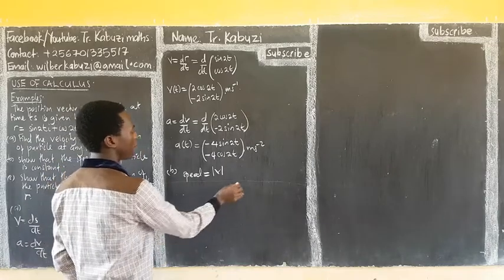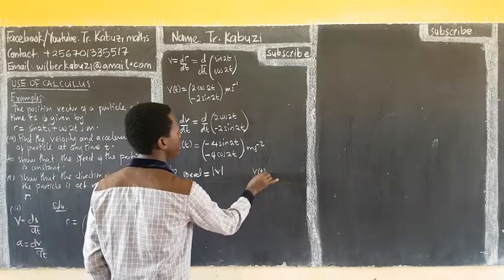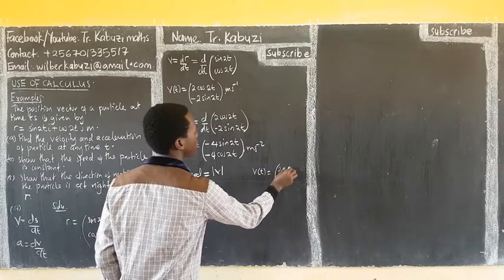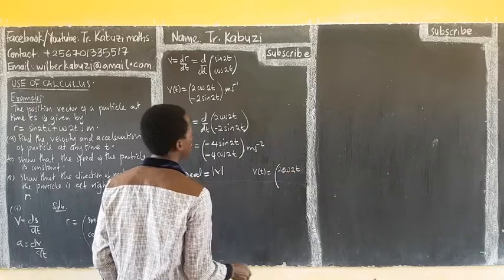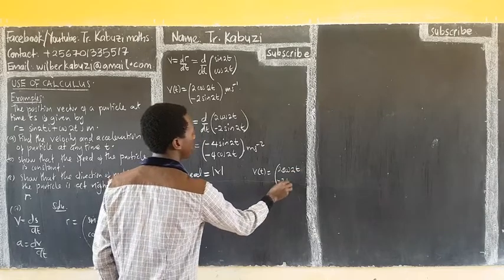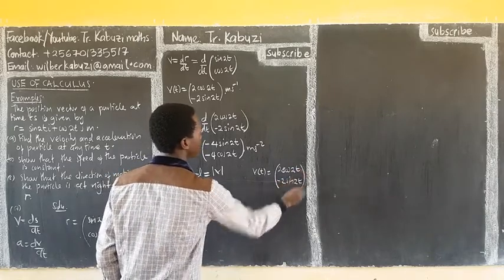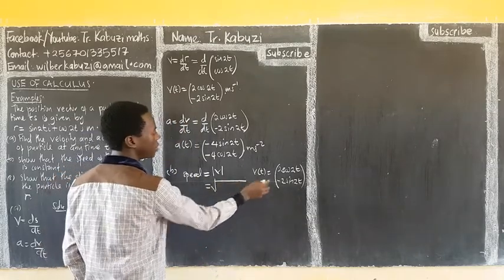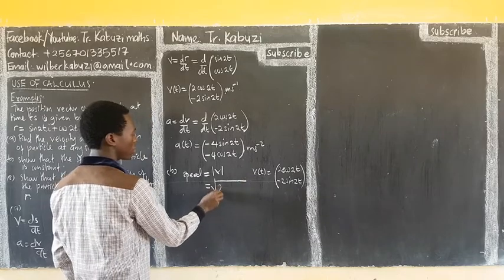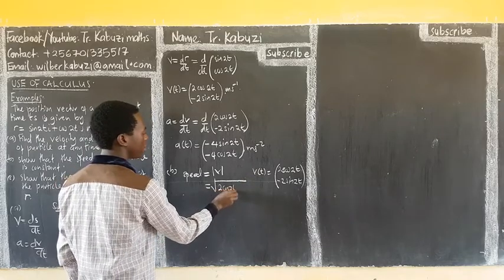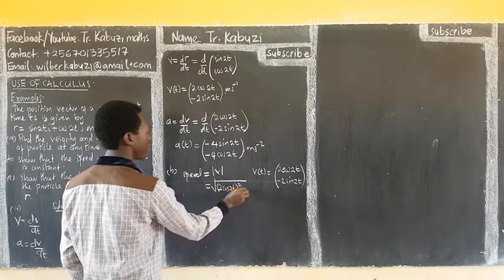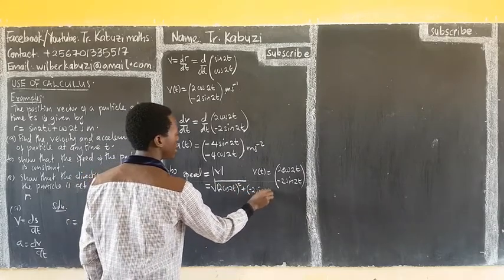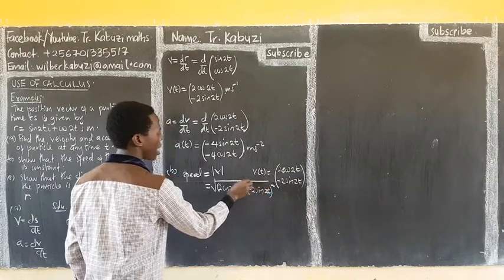Our velocity at any time t was 2 cos 2t, then negative 2 sine 2t. So this would be the square root of (2 cos 2t) squared plus (negative 2 sine 2t) squared.